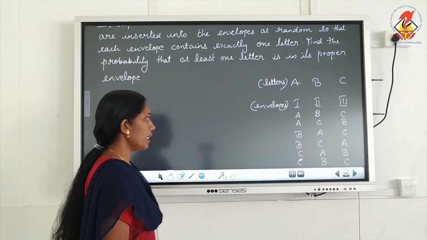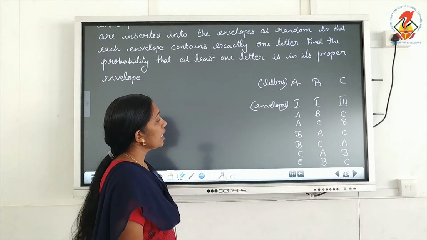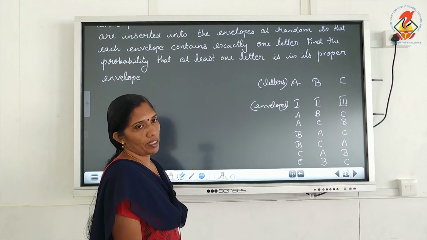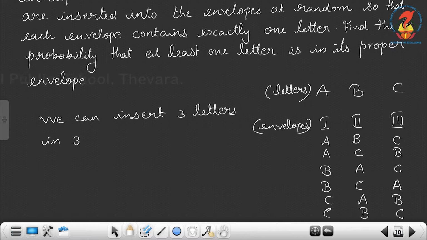No. So in how many different ways can we insert 3 letters in 3 envelopes? 6 ways. So we can insert 3 letters in 3 envelopes in 6 different ways. That is the total number of ways, 6 ways.